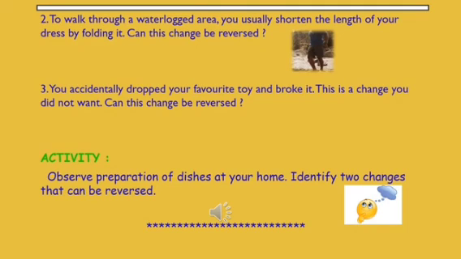So, when your parents or your mother is cooking, keep an eye or just watch and find out any 2 changes which can be reversed, where you can get back the product, and write the answer here. So I hope it's an easy assignment and all of you will be doing it.